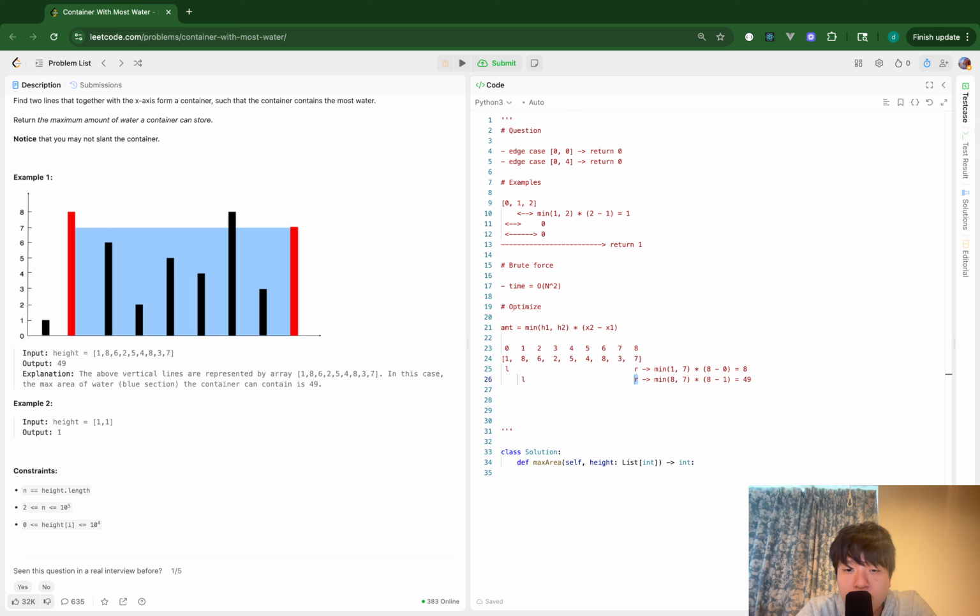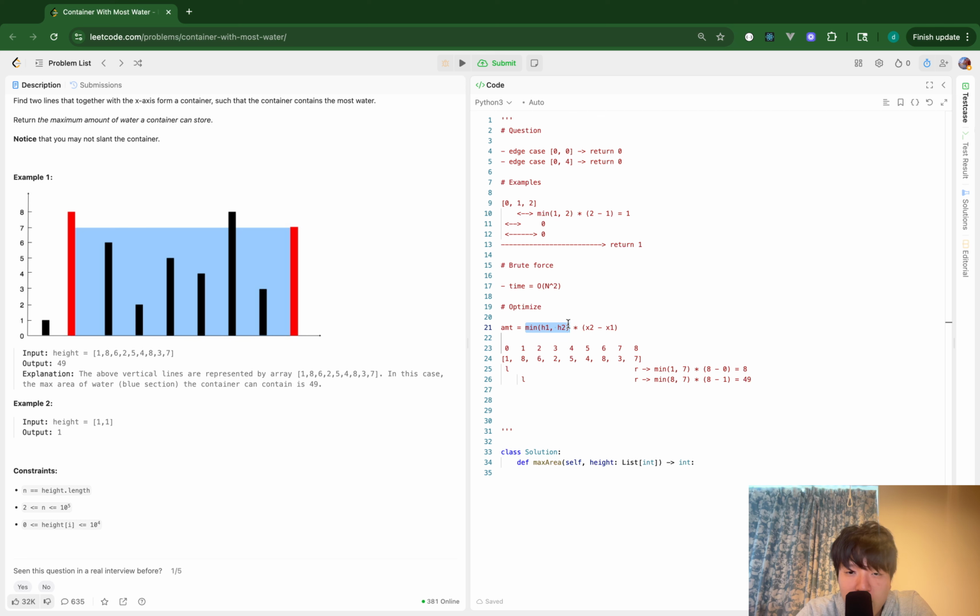So from here, what I can do to find the pair which stores more water is, I will think of it in the same way. If I move the left pointer, no matter how much I move to the right, min of h1, h2 doesn't increase.